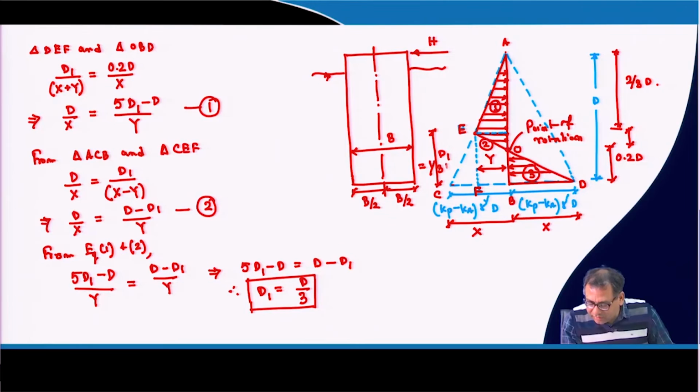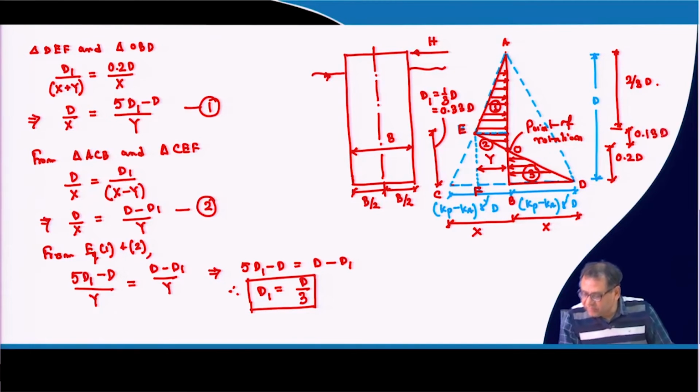So, d1 is equal to 1/3 of d, which is nothing but 0.33 d. So, this is 0.2 d, and this will be 0.13 d, because this is 1.33 d.